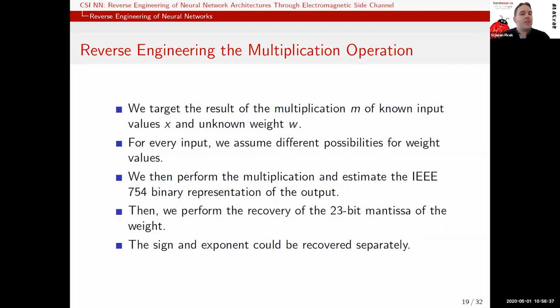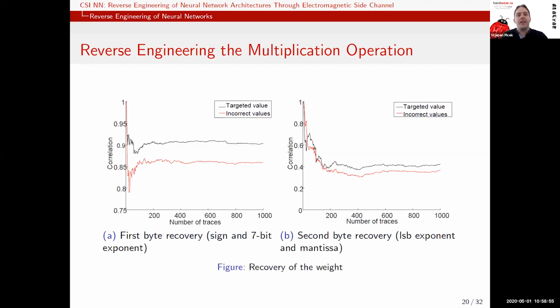So we target the result of multiplication, with known input and unknown weight. For every input, we assume different possibilities for weights. We perform multiplication and estimate the binary representation. We do that for the mantissa, and for sign and exponent separately, and this is how it looks.